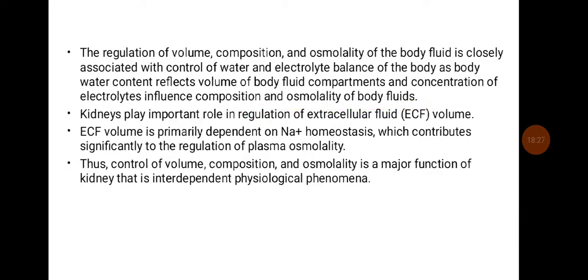The kidney plays a very important role in the regulation of extracellular fluid volume. ECF volume is primarily dependent on sodium homeostasis, which contributes significantly to the regulation of plasma osmolality. Thus, control of volume, composition, and osmolality is a major function of the kidney, and these are interdependent physiological phenomena.